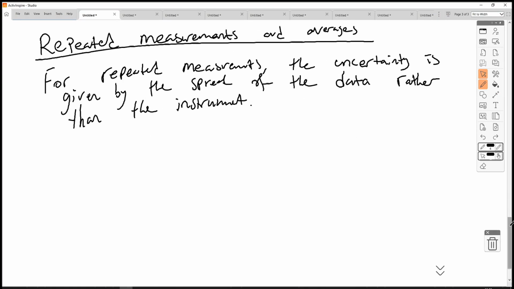So for example, X was measured multiple times.